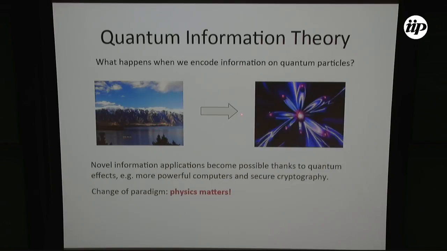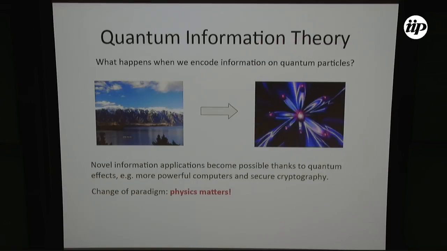Since you change the physical laws that govern your information devices, you can do things that are not possible using classical physics. So in particular, we will have different, more powerful computers, the quantum computer, and you might have heard of quantum cryptography, which sometimes is said to provide unbreakable security.